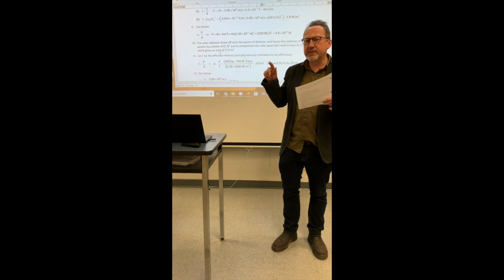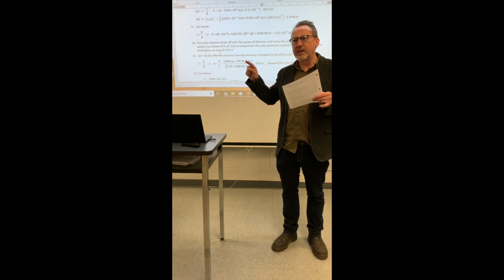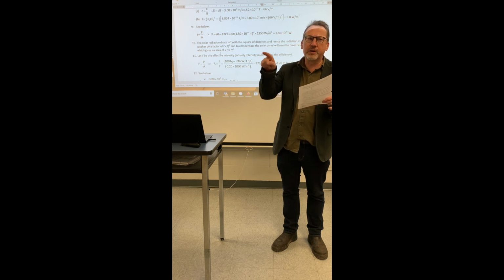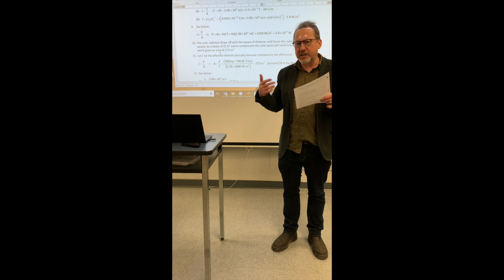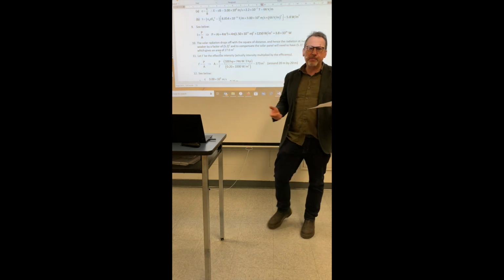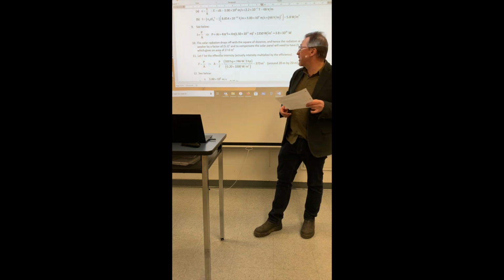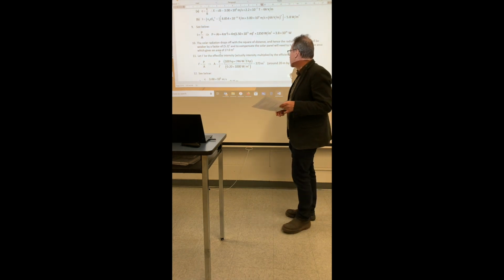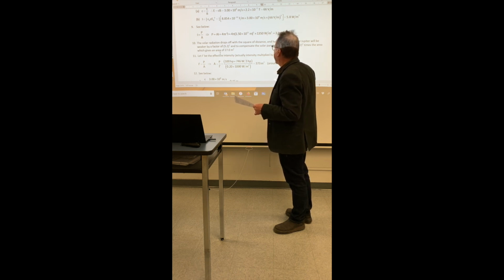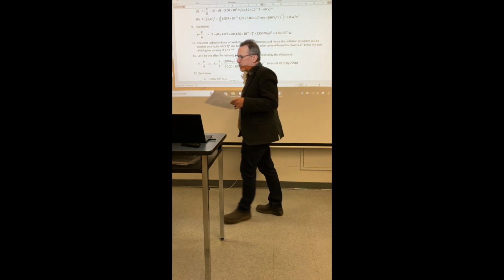So if I'm at a distance of 5.2 AU, the intensity of the radiation at that distance is 1 over 5.2 squared less. So to get the same power, I would have to increase my area by that amount. So the answer is simply 5.2 squared, which is around 27.